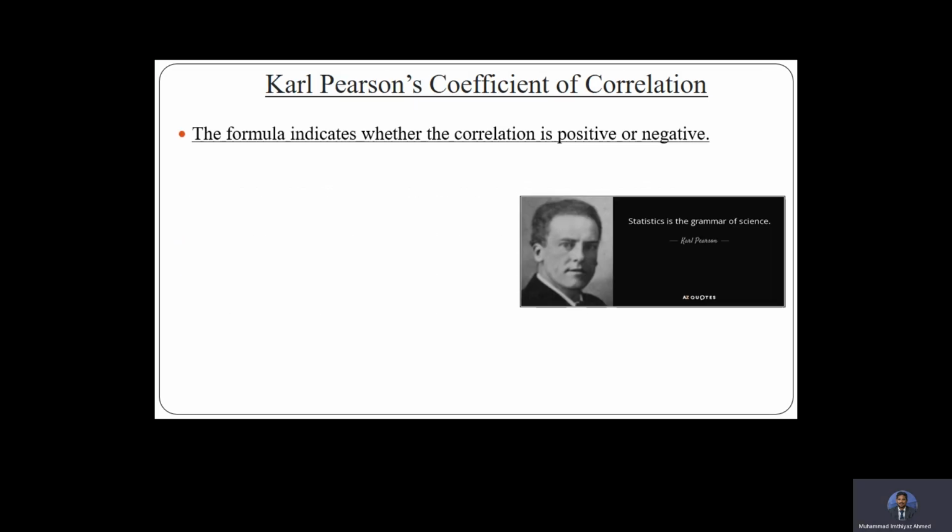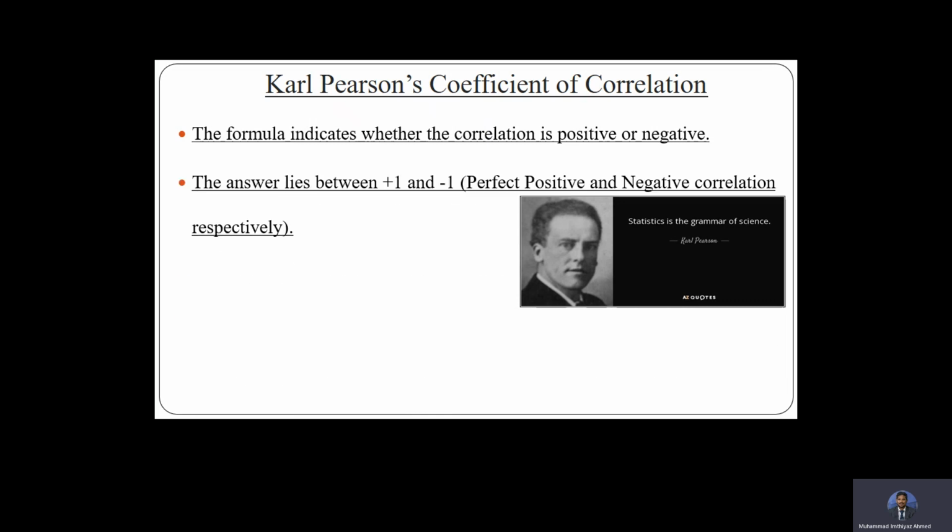Now, he is the man who propounded the coefficient of correlation. He is called Karl Pearson. The formula indicates correlation may be positive or negative. The answer lies between +1 and -1. If it is +1, positive, -1, negative. If your answer is coming positive, say positive correlation.